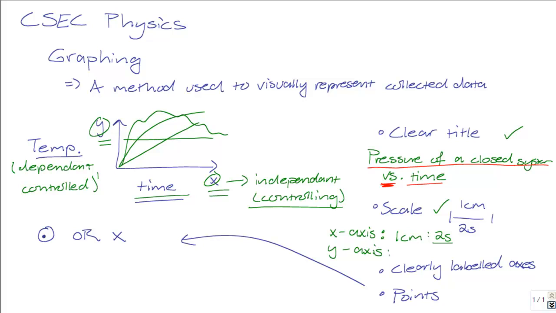These should not be too large, because then it's difficult to see where exactly the point is. If they're too small, it's again difficult to determine the exact location of the point. So they should be reasonably sized. Also make sure that you stick with one or the other when you're plotting your graph. Don't start off with dots and then move to crosses.